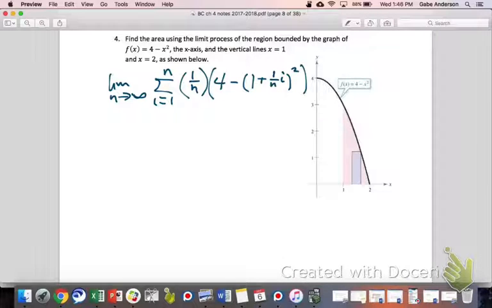Okay, so first thing I'm going to do is FOIL. So let's FOIL out the 1 plus 1 over n i squared. Let's multiply it out. So we're going to have the limit this whole time, and we're going to have the sigma this whole time, and the 1 over n is there, and the 4 minus. So when you FOIL this, it's going to be what? 1 plus 1 over n i plus 1 over n i.